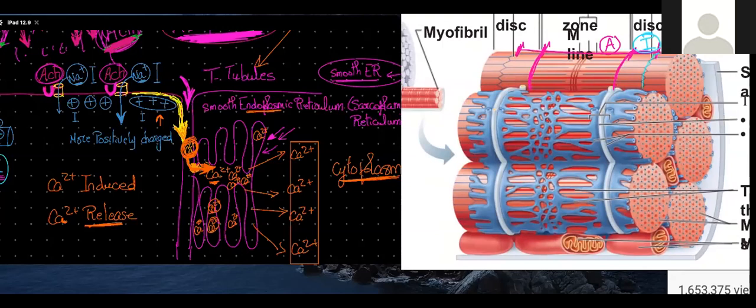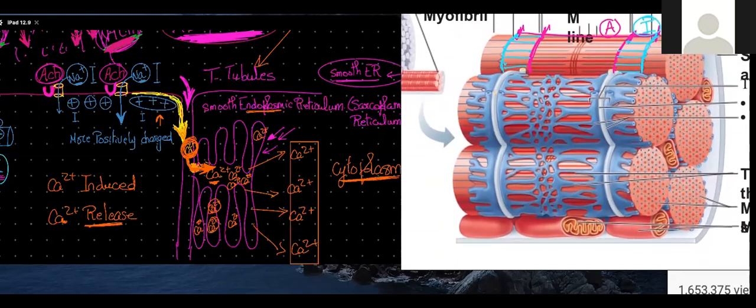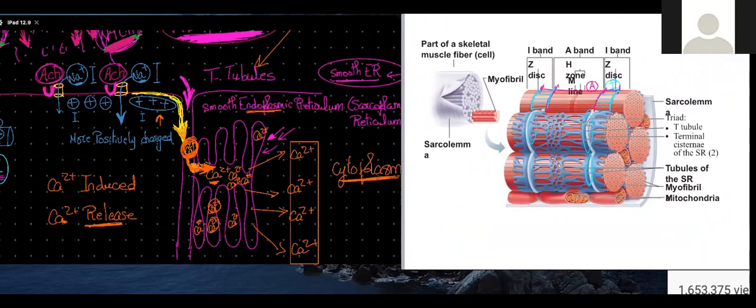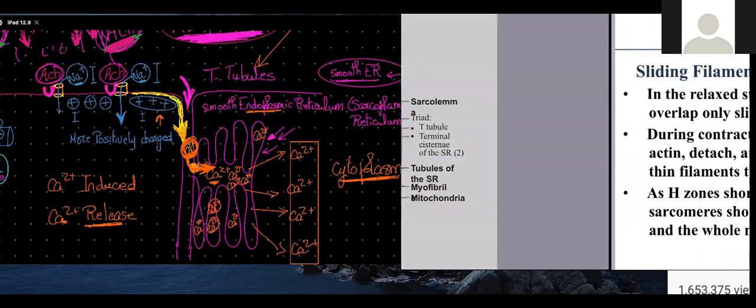The I band is only going to be formed of thin filaments. Remember, where do I get those T tubules traveling to the inside of the cells? They are traveling as a junction between the A band and the I band to carry the electrical signals deeper into the sarcoplasm.